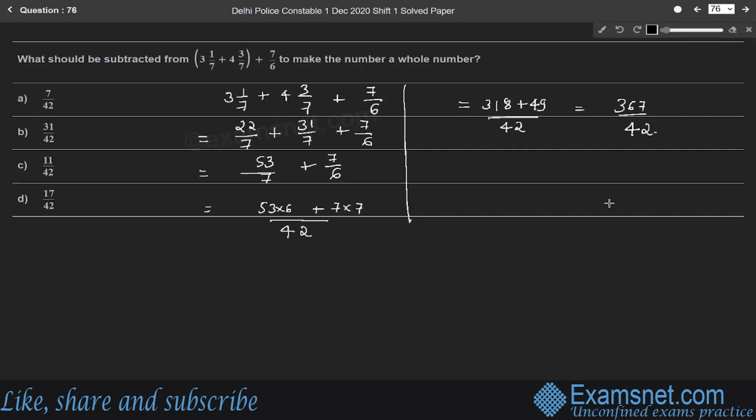So we have to find the number which, when subtracted from 367/42, gives a whole number. Let that number be x.